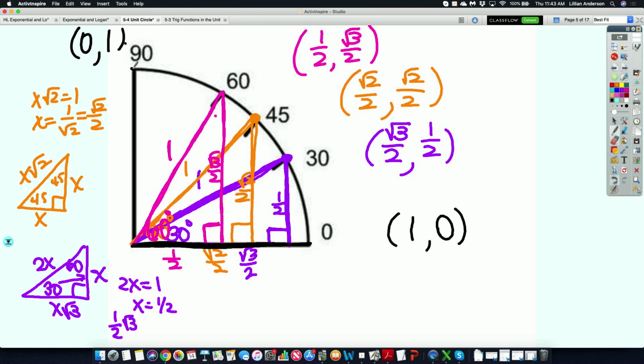I gave you the degrees to start with. The only thing that we're missing now is my radians. Now, you guys know how to go from degrees to radians, right? What's the formula? Pi over 180. Please do not try to convert every degree into a radian.